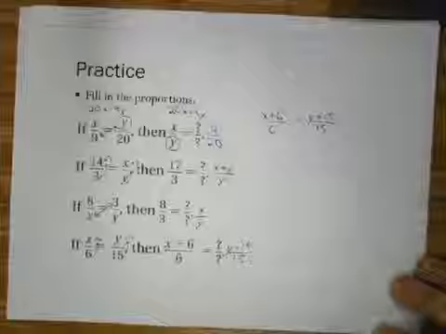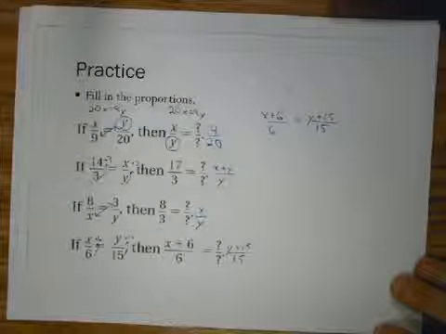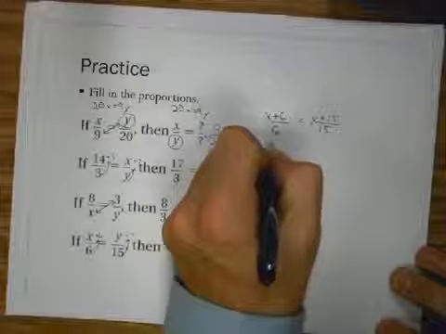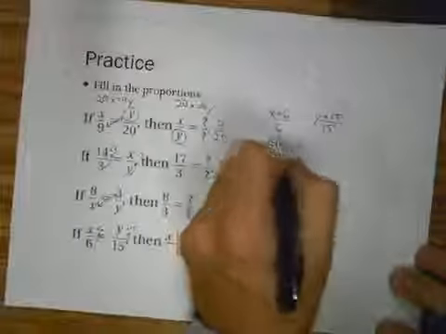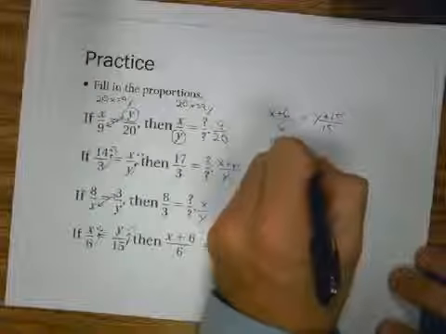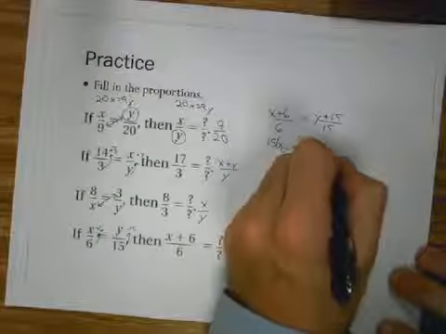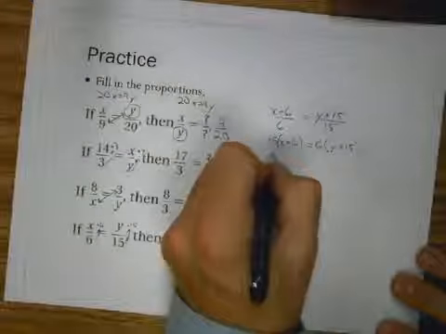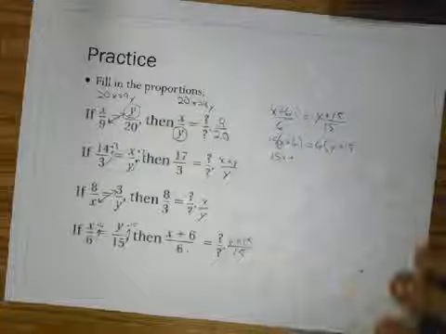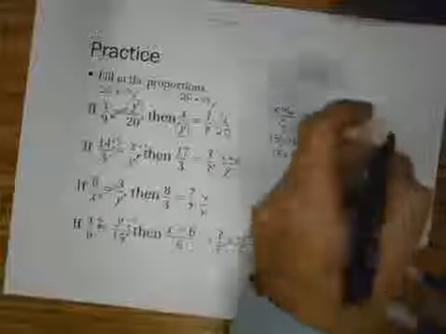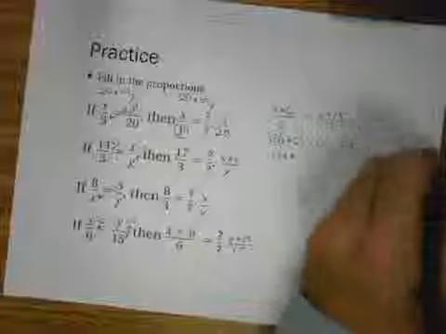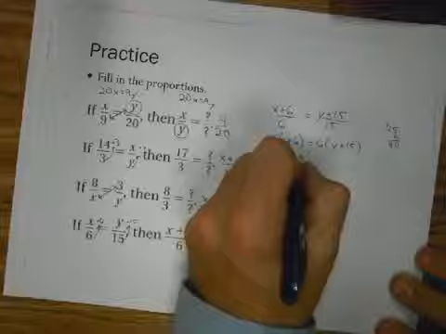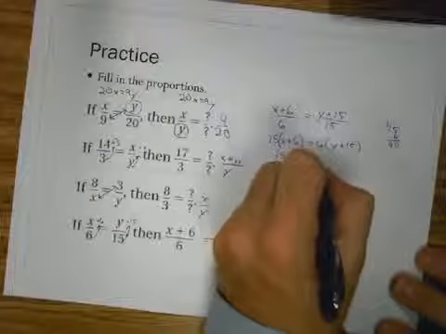Let's take a minute and look to make sure this is still the same proportion. So I have x plus 6 over 6 equals y plus 15 over 15. Let's just make sure it does work. So I get 15 times the quantity x plus 6. Got to be careful with that distributive property. 6 times y plus 15. If I distribute, I get 15x plus, well, I need 15 times 6.